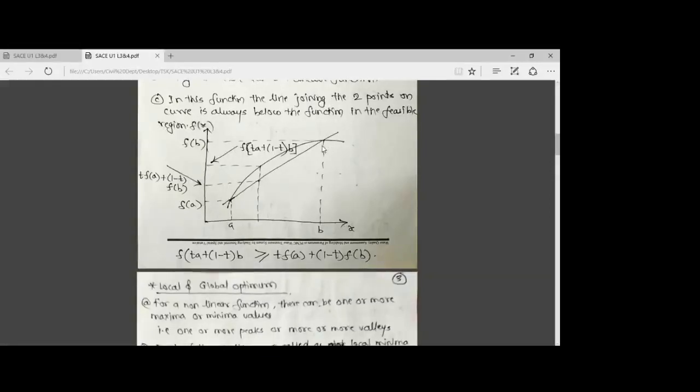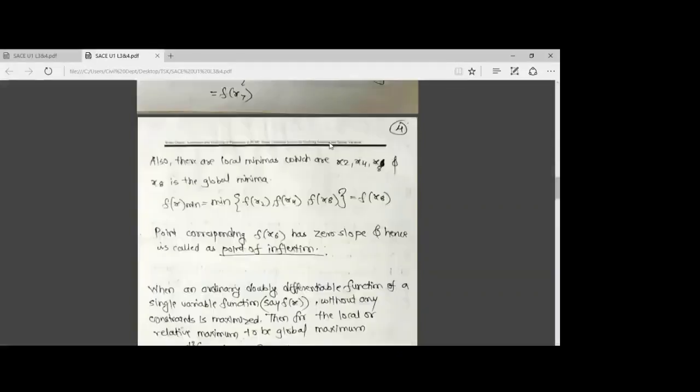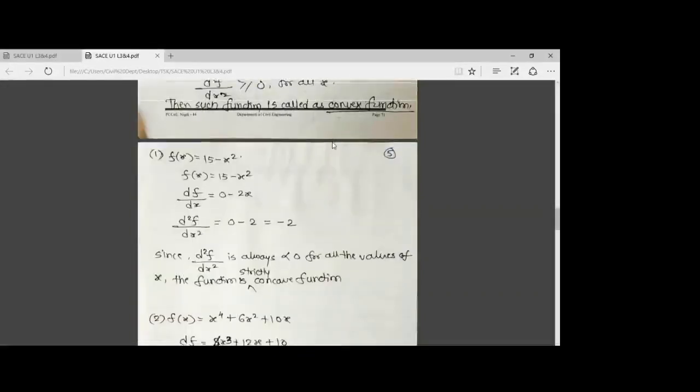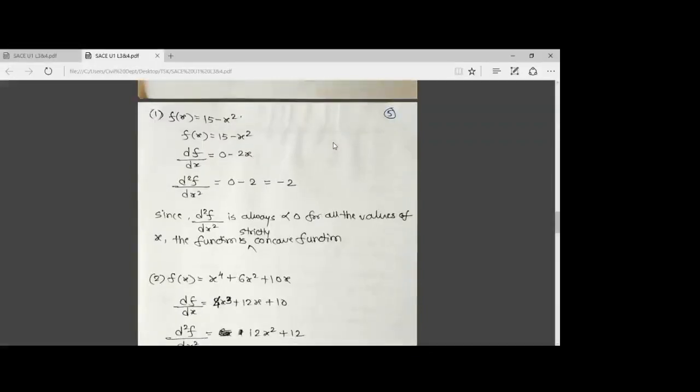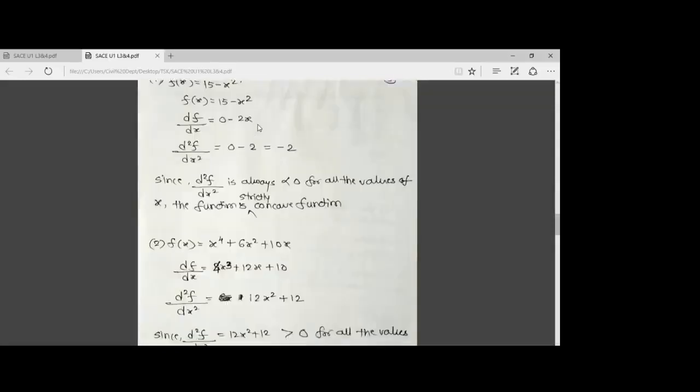This will be extended till your syllabus finishes, because we are continuously going to deal with optimization problems. Then we tested a few given functions as to whether they were concave or convex, right? We started with our first numerical, which was very simple, and here we have seen that the value of d square f upon dx square is equal to -2.